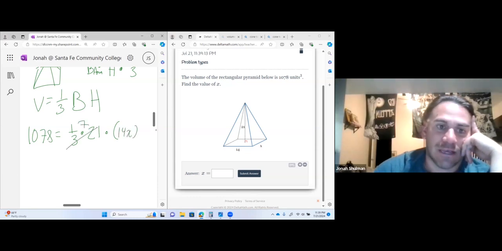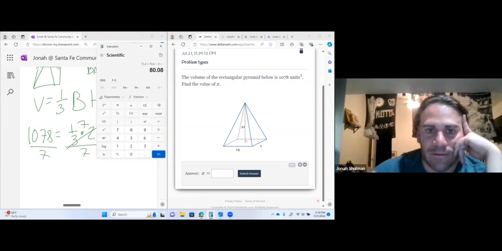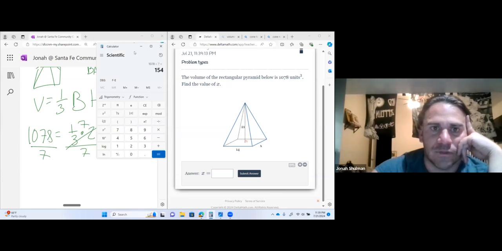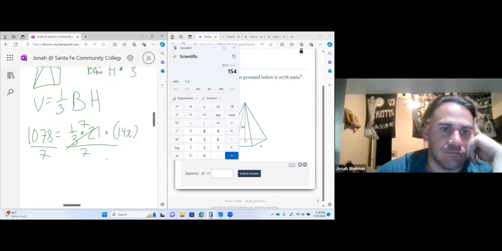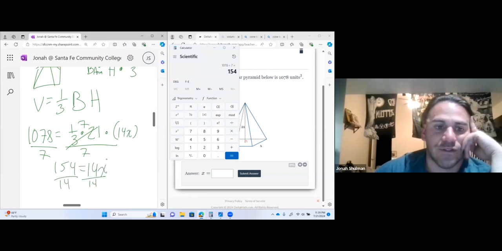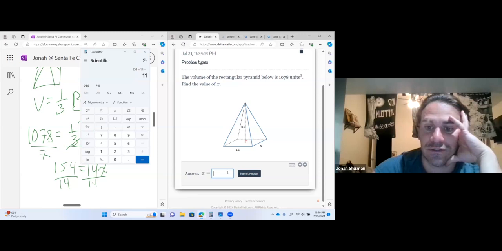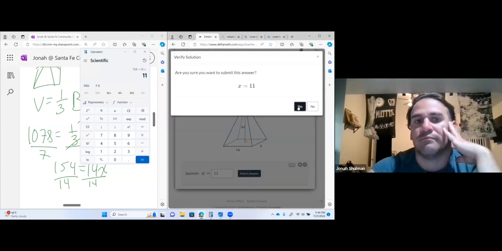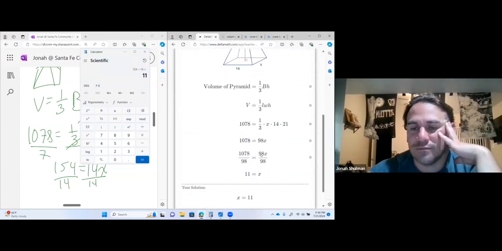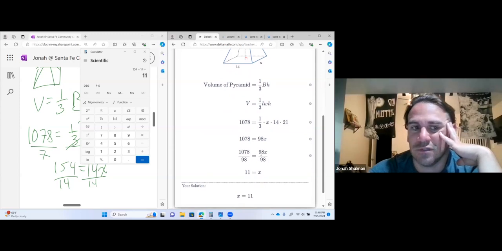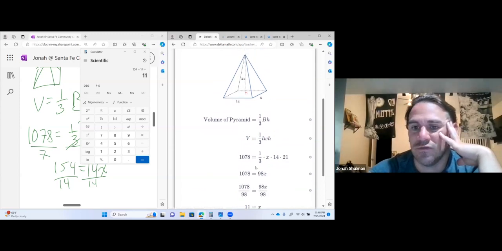I'm going to cross those out, make it 7, and I'm going to divide it by 7. 154. All I have to do is divide it by 14, and then we get the other part of that rectangular base. I know it looks like a square, but it's not. It's a little bit shorter on the sides. 11. Ta-da! They multiply these first before dividing.